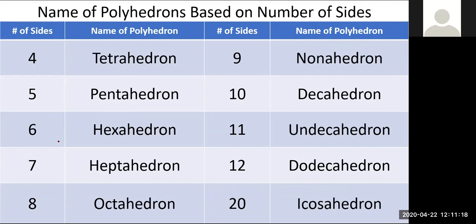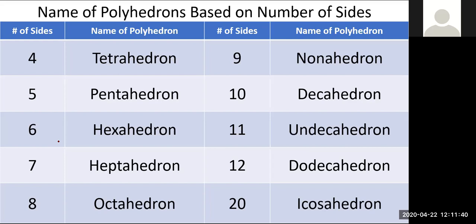Four sides is a tetrahedron. It uses a different prefix. Again, I forget which, but I think one's Greek and one's Latin. For a triangle, we use one of the prefixes, and same thing for a quadrilateral. For all the other polygons, we used the opposite type of prefix.